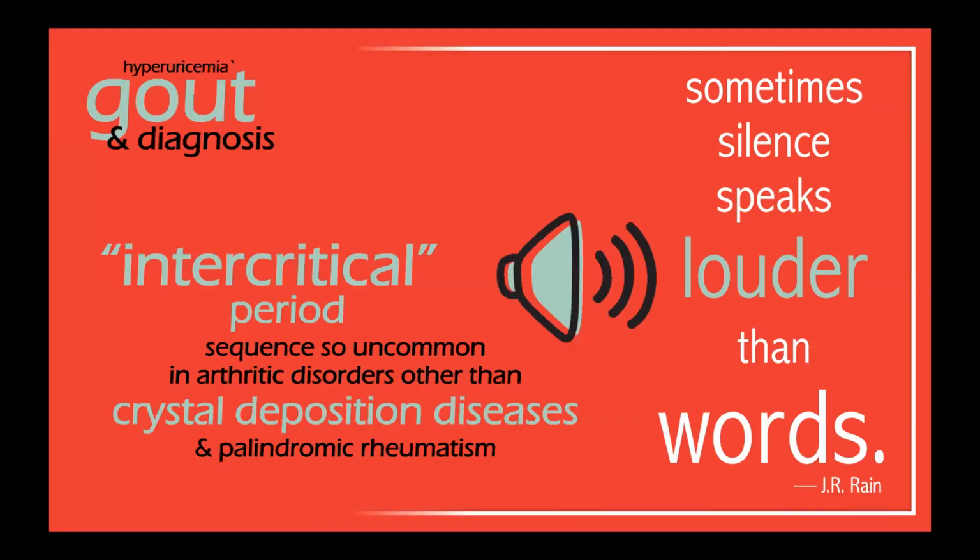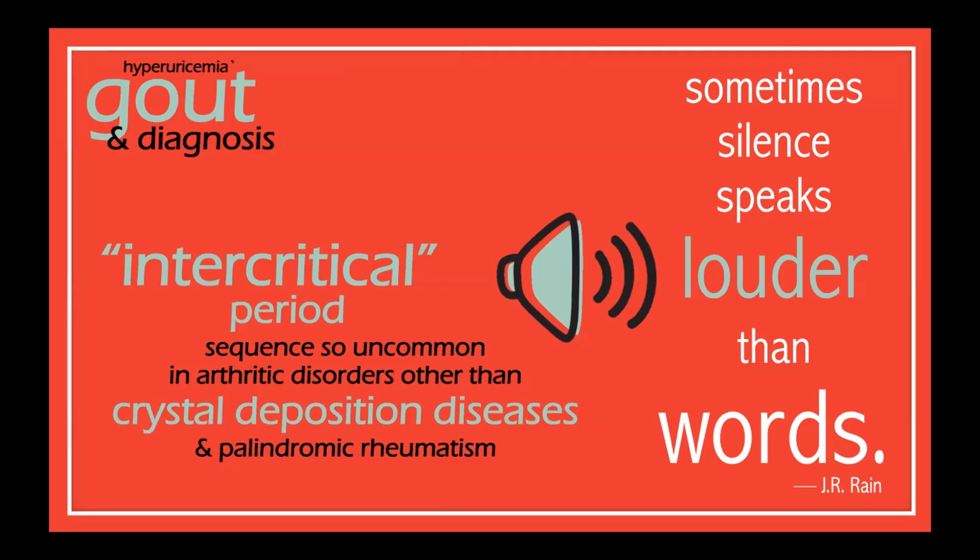And although it might be silent, it is louder because there are very few conditions that have a sequence that is known to be intercritical, where they might be almost totally asymptomatic. Just by taking the history and noticing this, instead of getting us away from gout, it should rather get us closer to it.